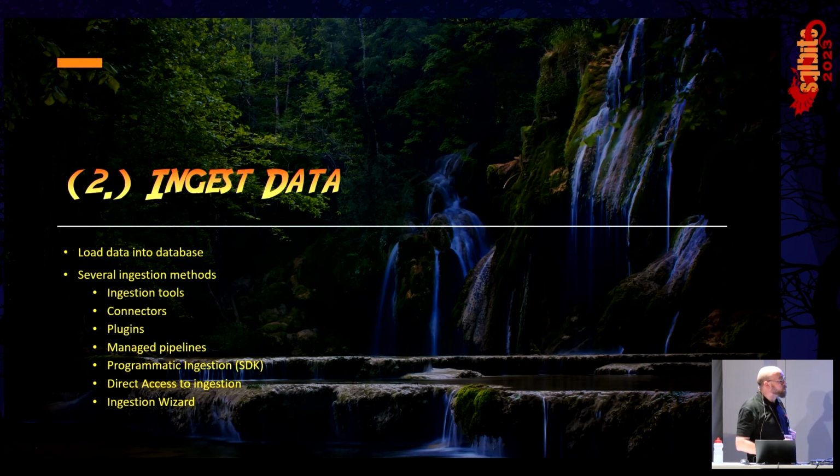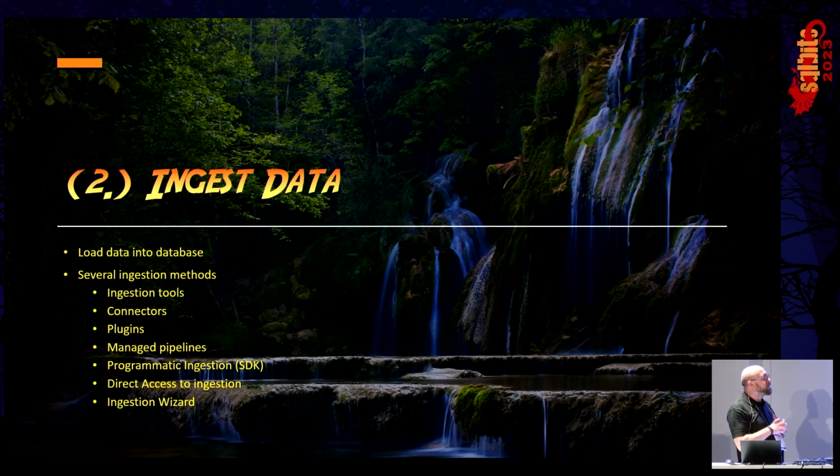OK, what do we do by ingesting data, which is just currently running in the background? We load data into our database, and there are several ingestion methods. We can use ingestion tools. We can use connectors. What I did now I did manually, but we can also have connectors for different systems, and these connectors I will show you on the next page.